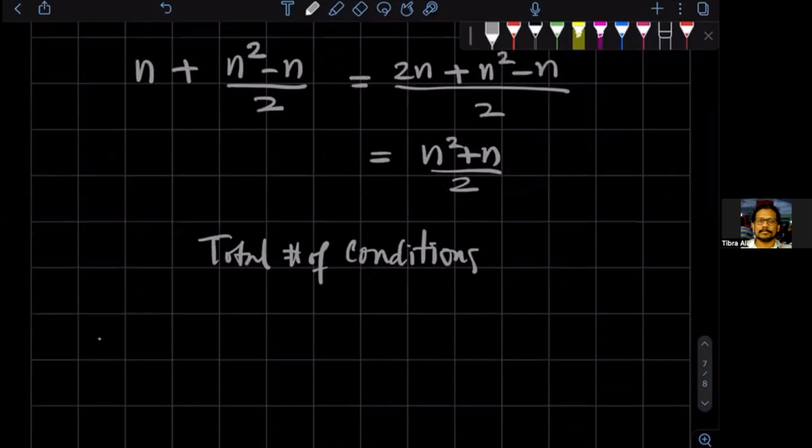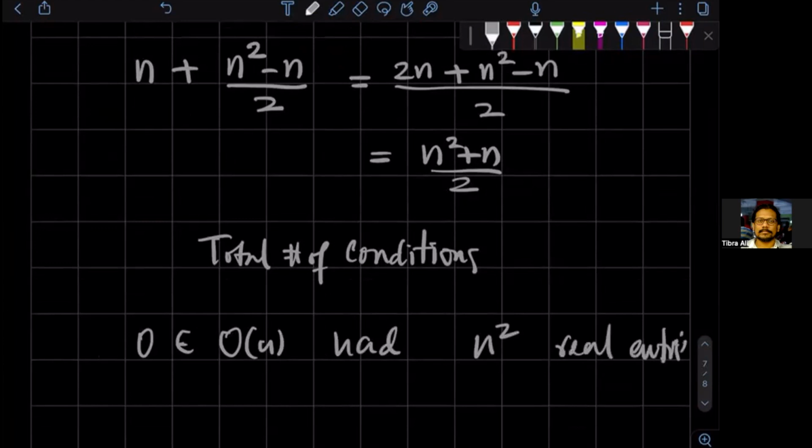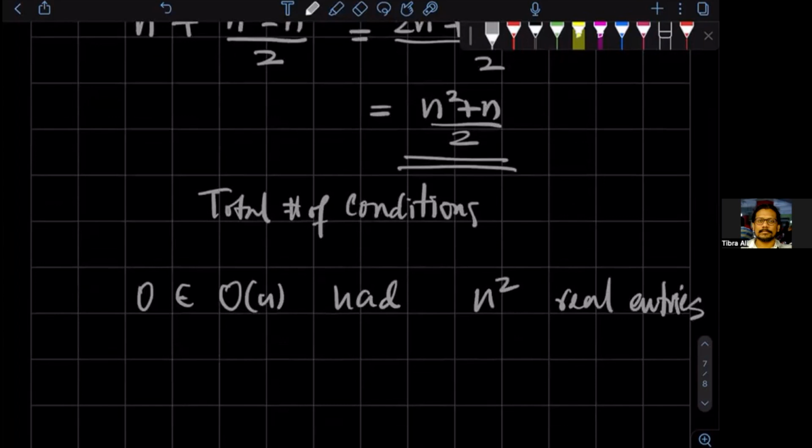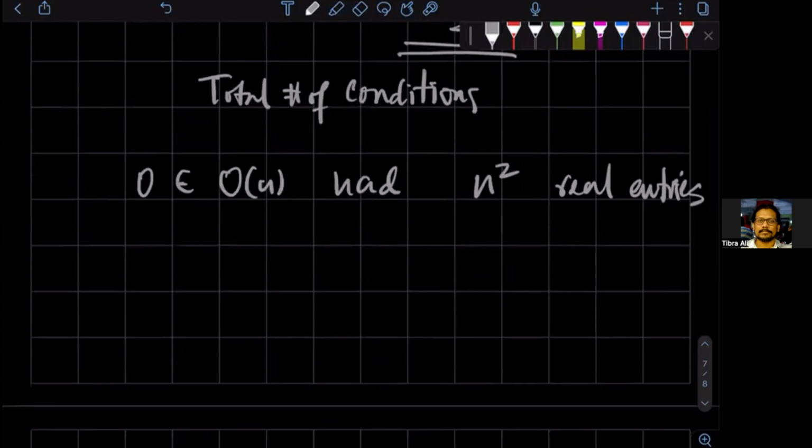So originally our matrix O of O(N) had n squared real entries, but on those real entries there are this many conditions, so the number of independent parameters is going to be n squared minus n squared plus n over 2.